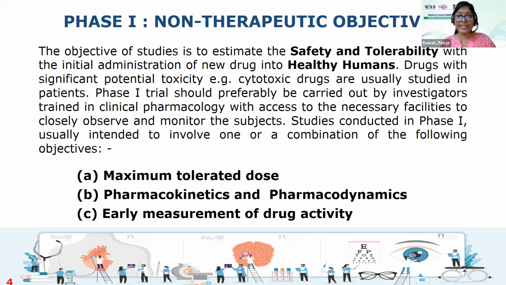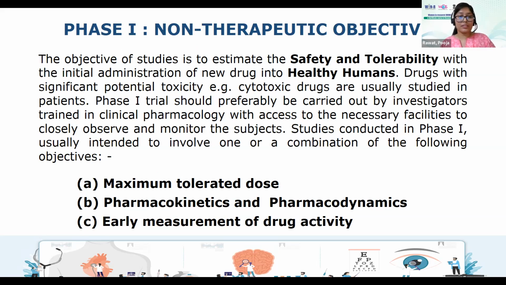So our priority is to check the safety of the patient or the participant. So we are taking healthy individuals. Why are we taking healthy individuals? Just to check whether this drug is safe or not, and whether the pharmacological aspects are being properly addressed or not.